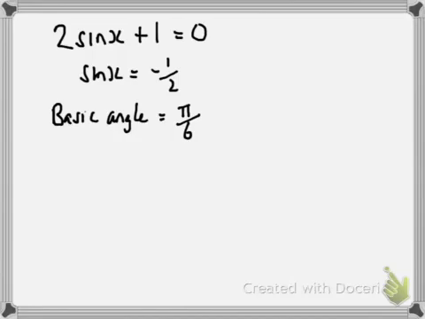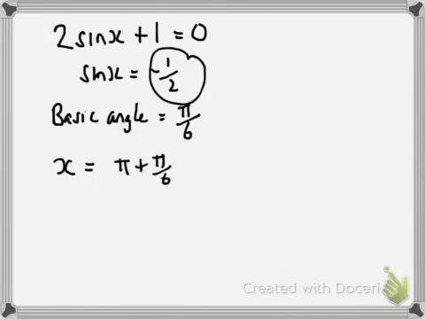Here's where we've got to so far. We know that we've got a negative value for sine, so we're looking for third and fourth quadrant. So x in third quadrant will be pi plus the basic angle, and x in fourth quadrant will be 2 pi minus the basic angle.